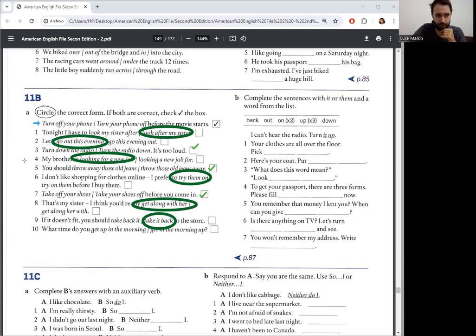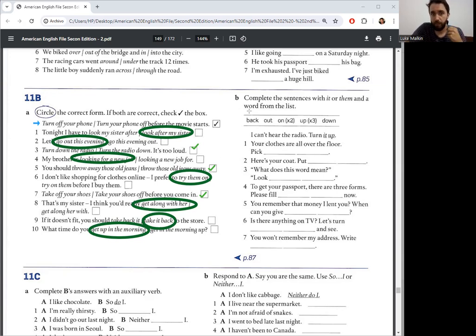Take it back, yes. Number ten, what time do you get up in the morning? Get up is not separable. Okay? A little difficult, but this is something that comes with practice.